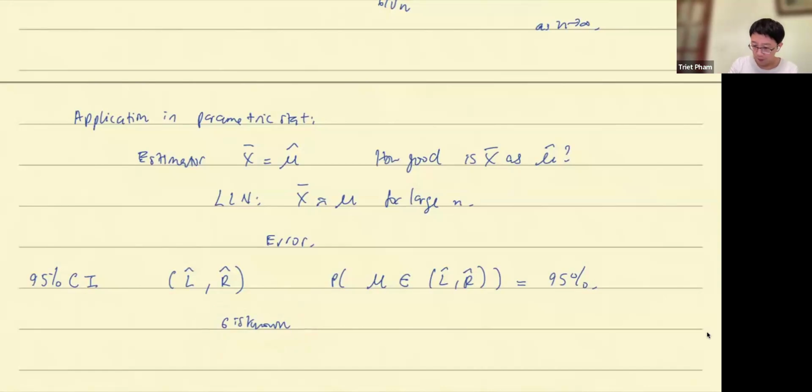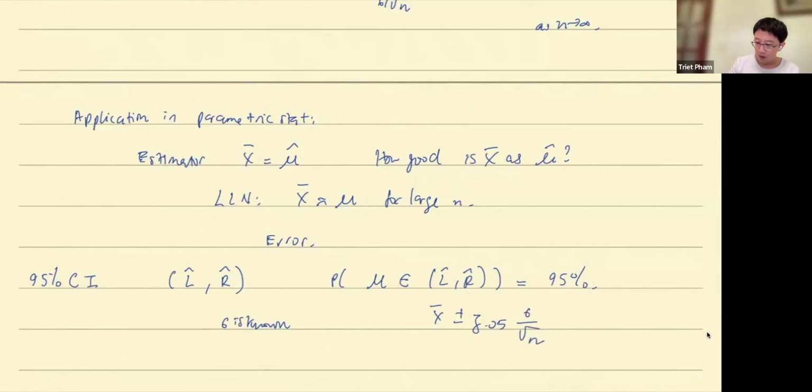Then many of you might have seen that the left and the right bound for the confidence interval will be x bar plus minus z 0.05 times sigma over root n.